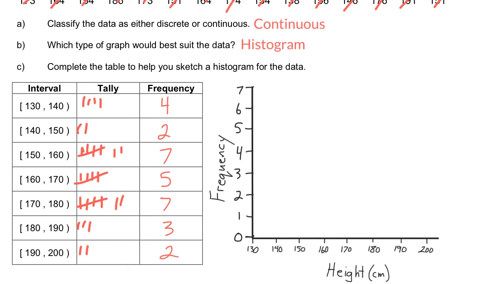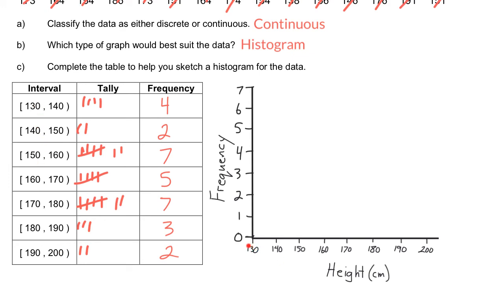So the things you want to make sure you consider are that your axes are divided evenly, so they're evenly spaced on the scale. And you want to make sure that all your intervals are included. So for heights, I want to start at 130 and go up to 200, and I'm spacing it every 10.